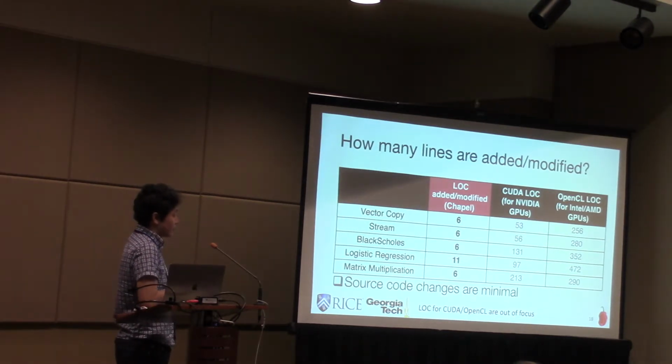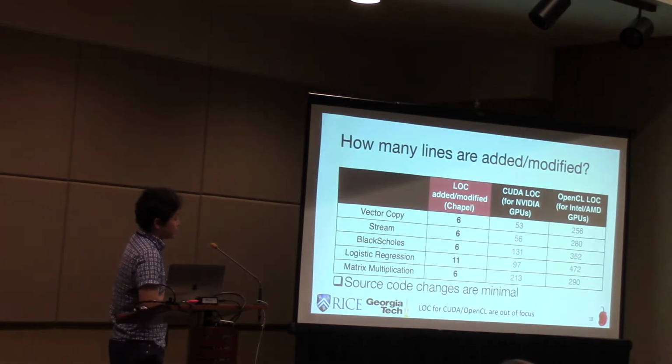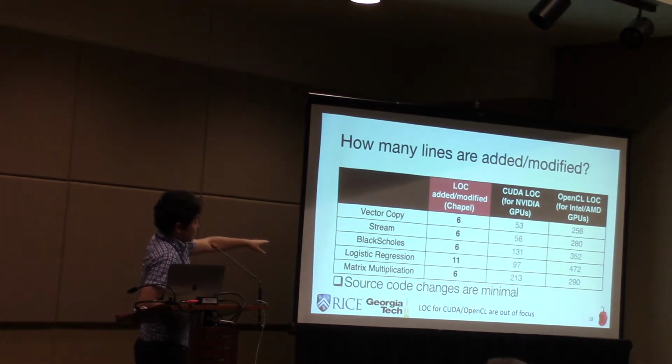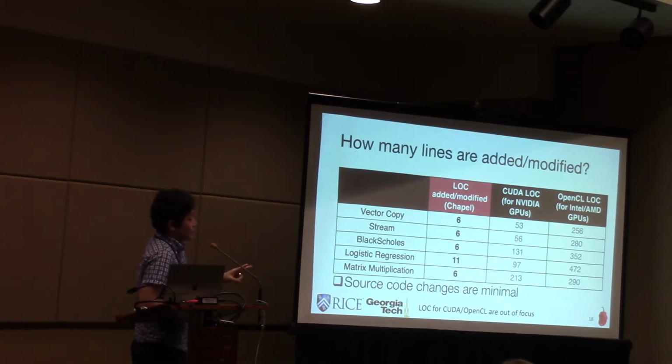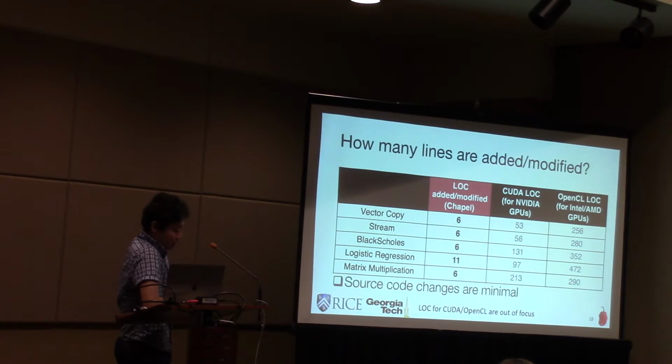It's usually like 6 lines, 11. It really depends on how many kernels we have. For logistic regression, it has 2 kernels, which means that we need to write two lambda functions. That is why the number of modified lines is around 11. But basically, for a one-kernel application, it only requires a 6-line code modification.